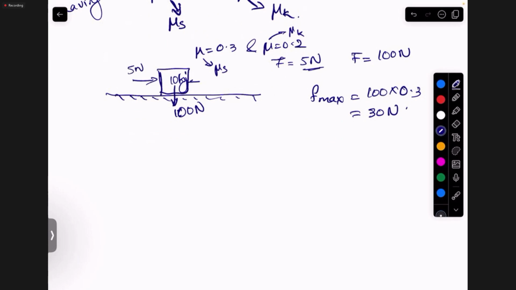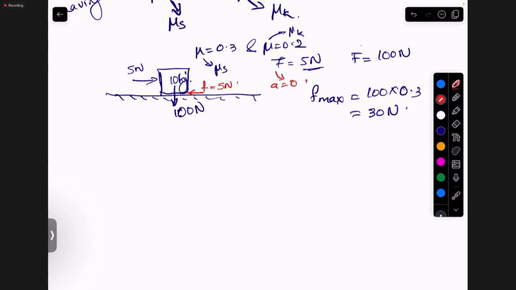So this frictional force here will be what? Just 5 Newton. Because whatever I am applying, up until it reaches F max, it will always provide a force equal to the applied force. So F here will be 5 Newton, and the acceleration of the block will be equal to 0.